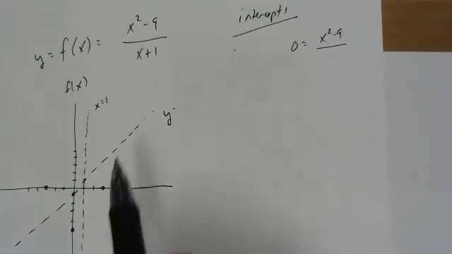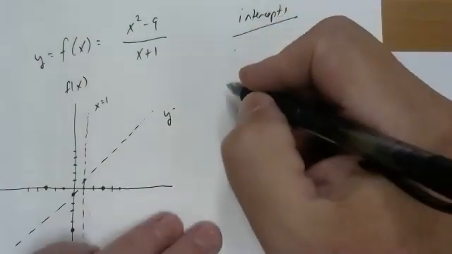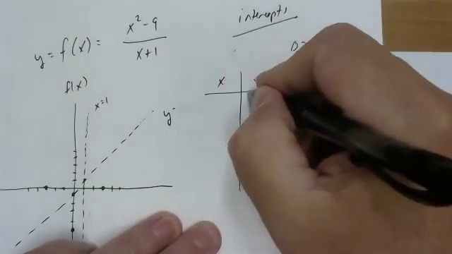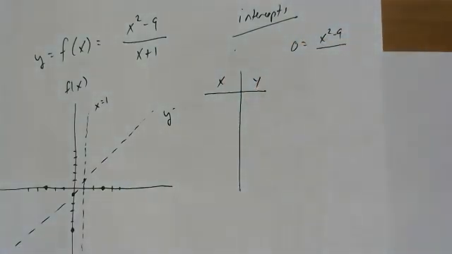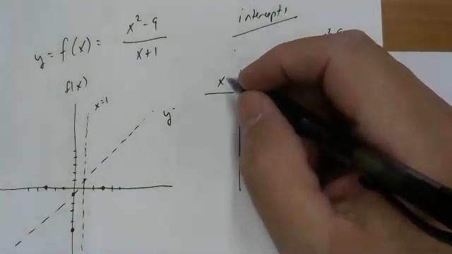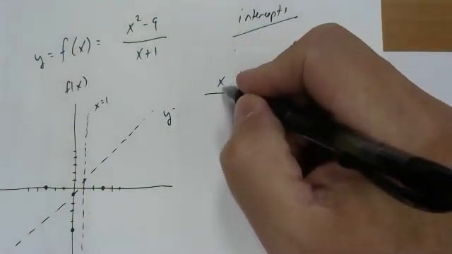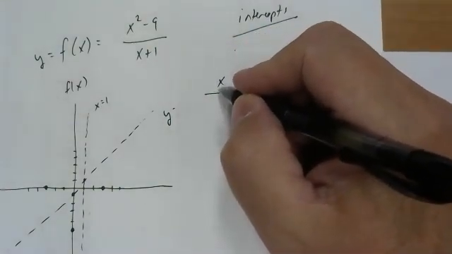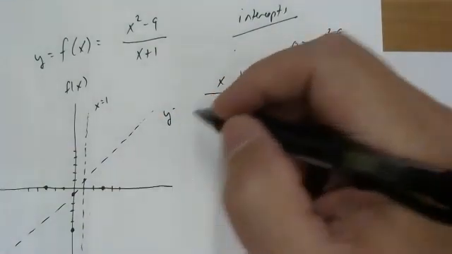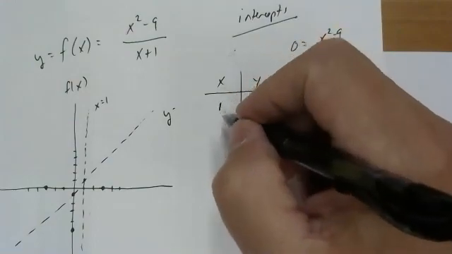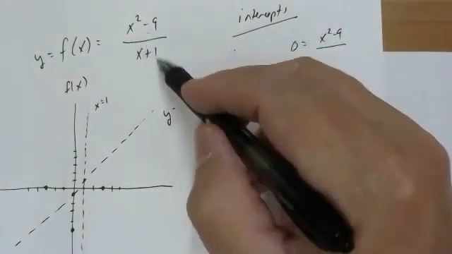Now, there's my equation. And you start picking some numbers. Sometimes they're messy, sometimes they're not. For instance, if I pick 0, well, actually, I've already done 0 because that's like my y-intercept. How about let's just pick 1. You plug in 1 for x at the top and the bottom.